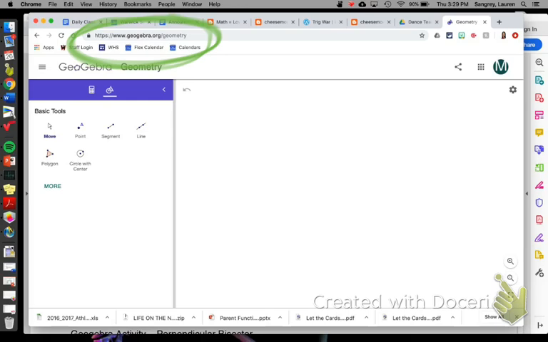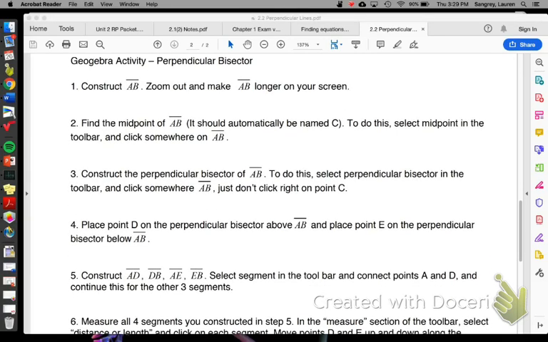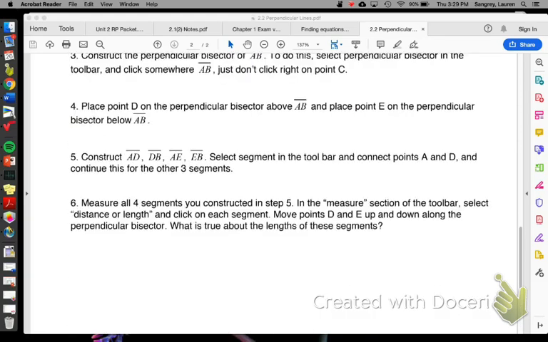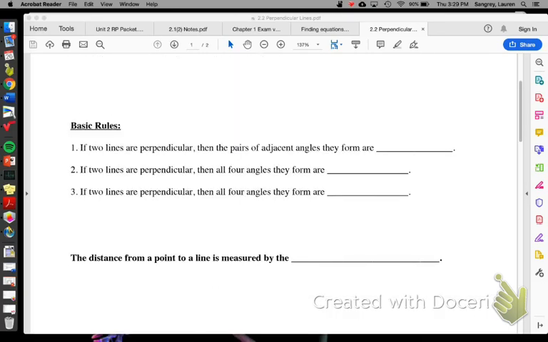So while you're here, you're going to follow the directions that are on the back of your note sheet. So they should look like this. So you're going to follow all these directions. You can work with a partner to help you out. And when you're done, I want you to take a screenshot and upload it to Moodle. So if you have any questions, you can let me know when I come back.